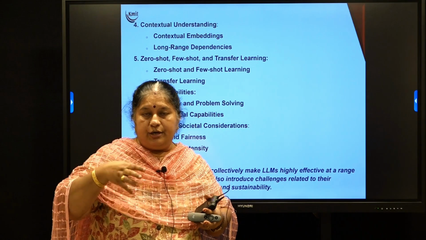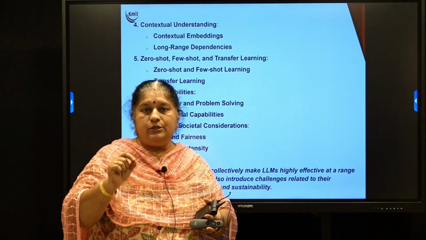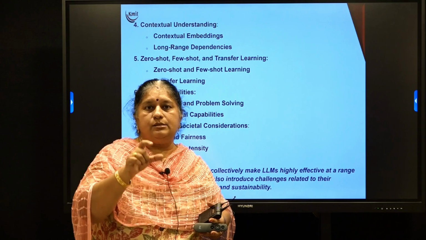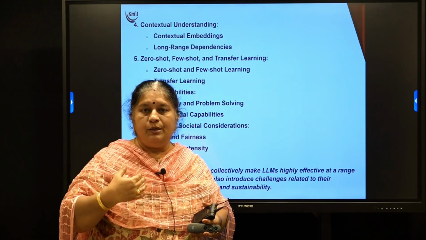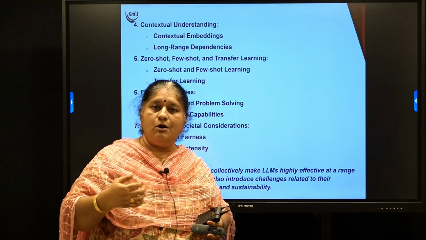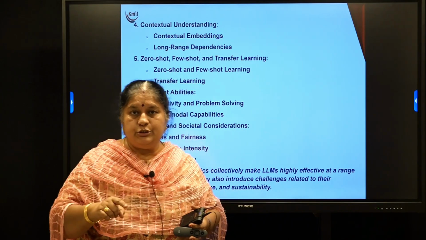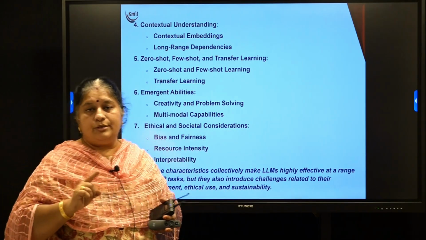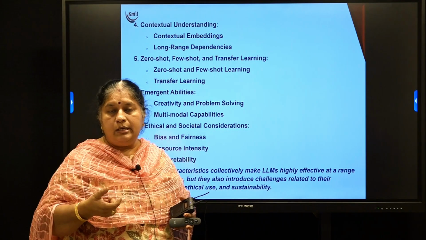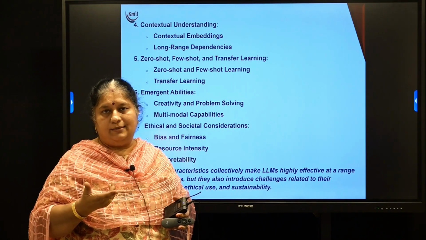So you are making sure in which context the word is used. As a human being, we can understand from the context. Now you are making sure the LLM is also trying to understand in which context a particular word is used, right?